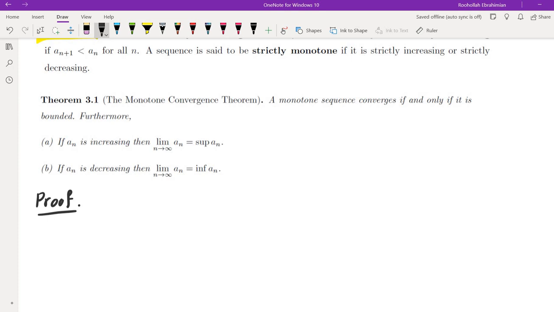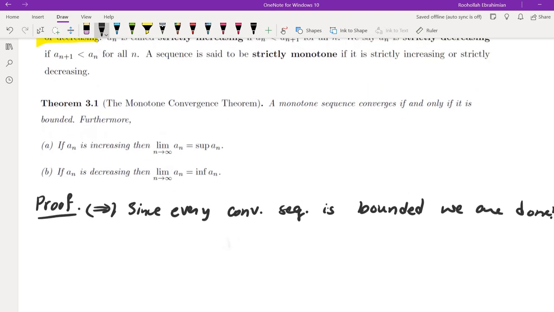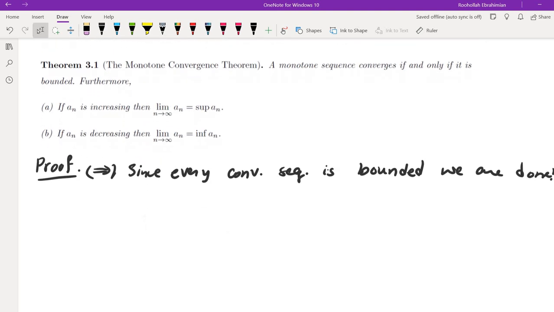If a sequence converges, we know it is bounded, and that's something we have proved before. So since this is true for every sequence, every convergent sequence is bounded, we are done. If you take a convergent sequence, it's bounded. Therefore, monotone convergent sequences are also bounded. So that direction is easy.